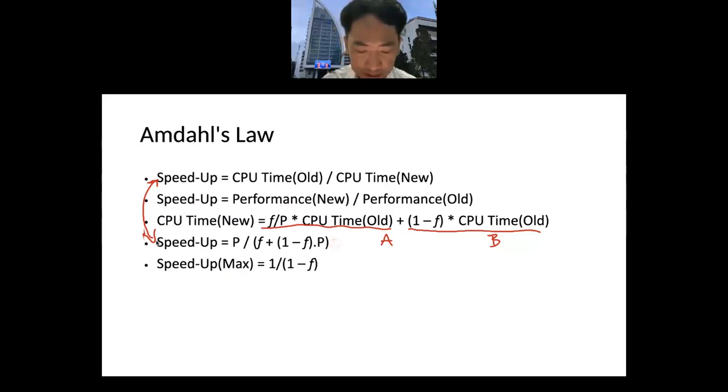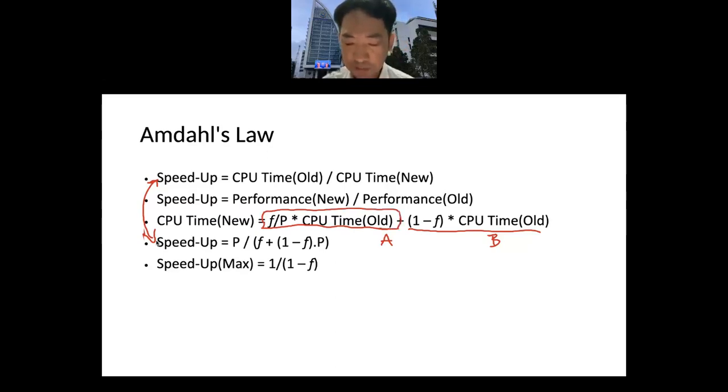And how about the maximum speedup here? This is the maximum speedup. You can notice that it's a bit different from the above equation. How can we get the maximum speedup? This one is quite easy too, right? Because if we want to make it maximum, what does it mean? It means that we don't have part A anymore.